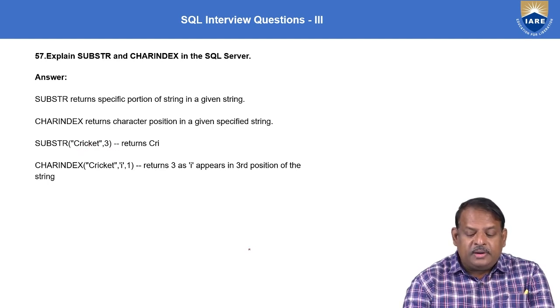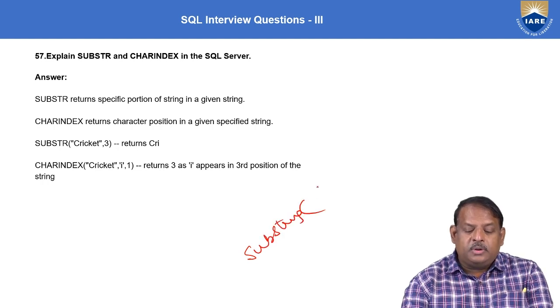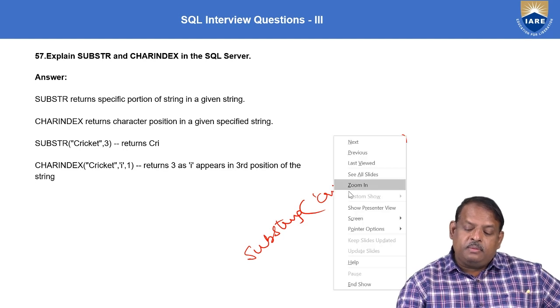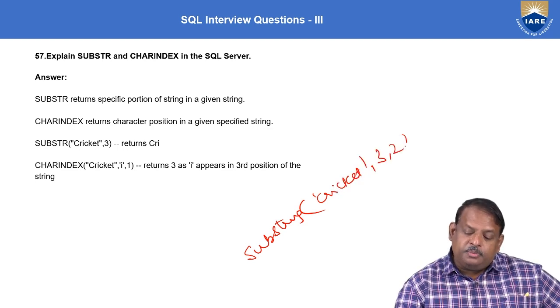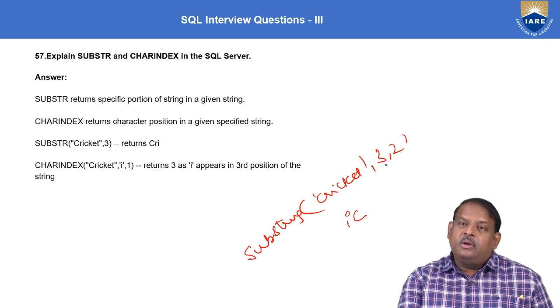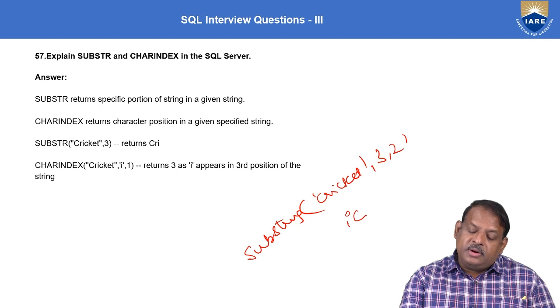If I say select substring of cricket 3 comma 2, that means it starts at the third position and gives you 2 characters. It starts with I, so you get IC. Third character is I, and the next character is C.